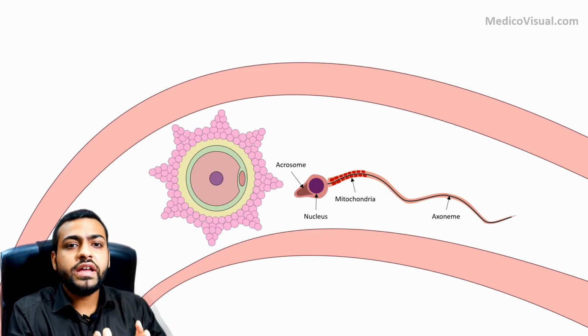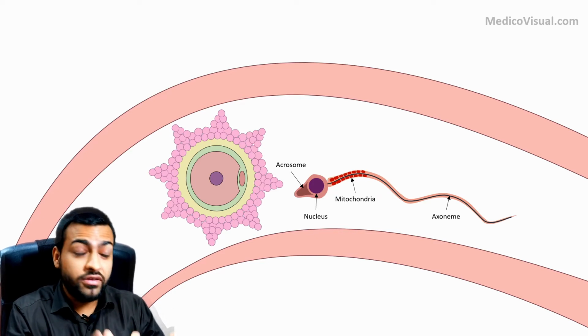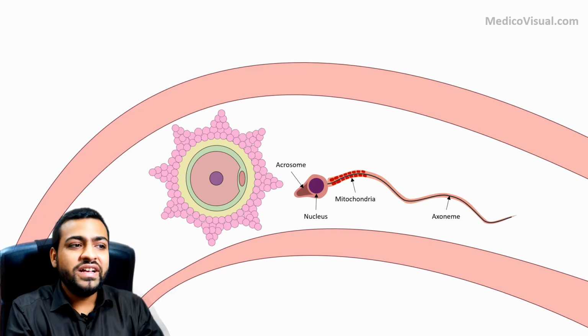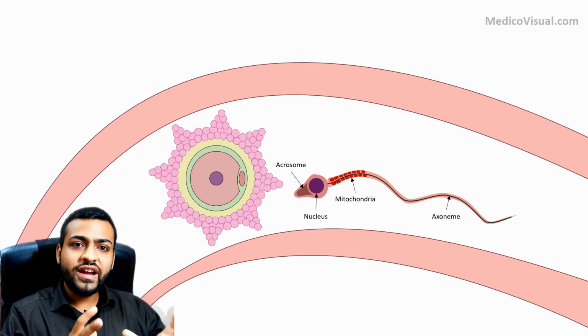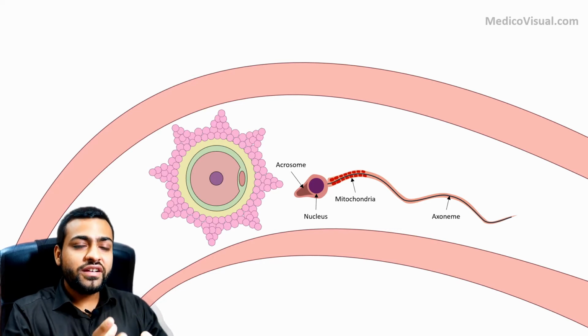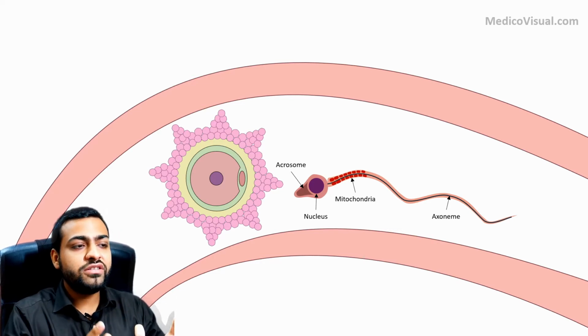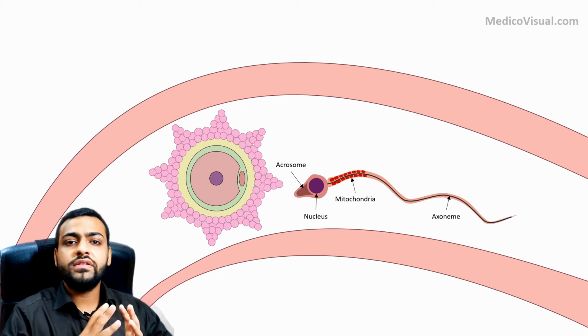All these things help the sperm to easily move through the female genital tract, right? So that is how, due to these characteristic features, spermatozoa is very favorable for this job.